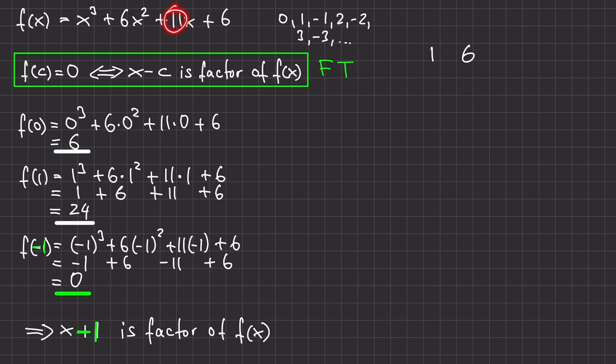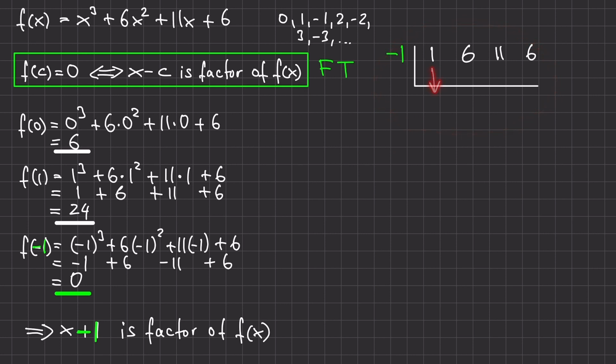Then 11 and then 6. The number which belongs in the left upper corner is -1. Feel free to pause the video and try this on your own. This is a good exercise.